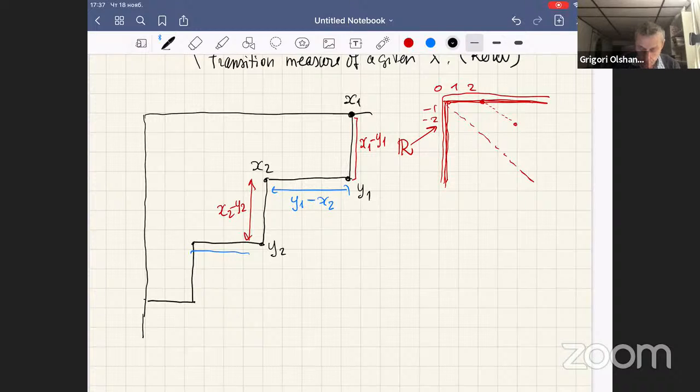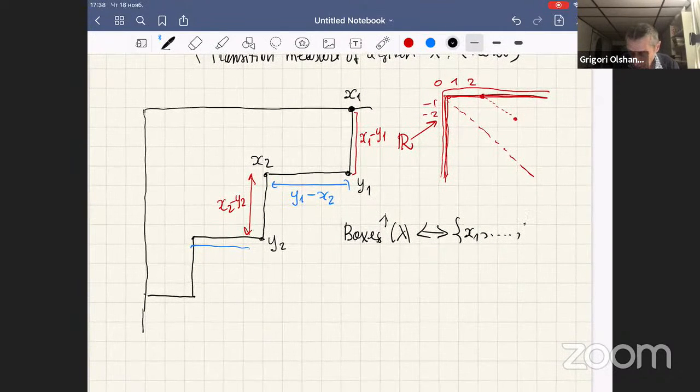So we have a bijection: boxes up lambda are in bijection with this set of inner corners, which I want to identify with the Kerov coordinates.